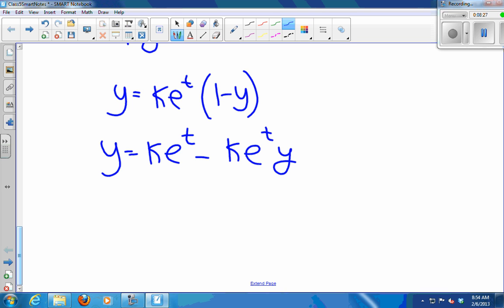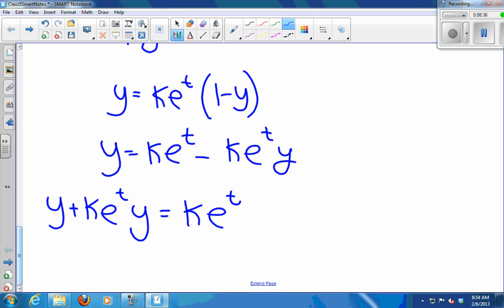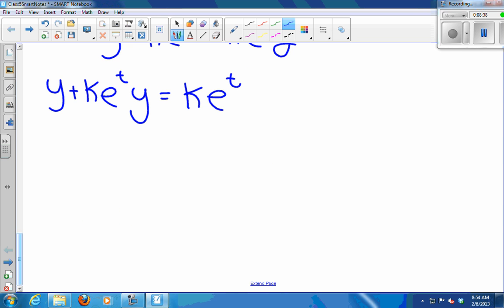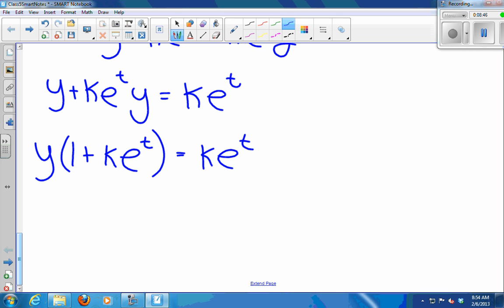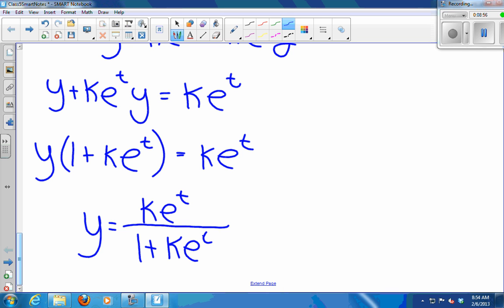So add y plus k e to the t y equals k e to the t. Factor out a y from the left. Divide both sides by 1 plus k e to the t. So we get y equals k e to the t divided by 1 plus k e to the t.